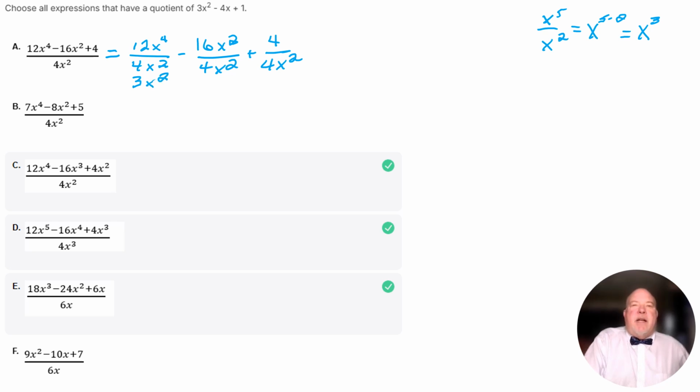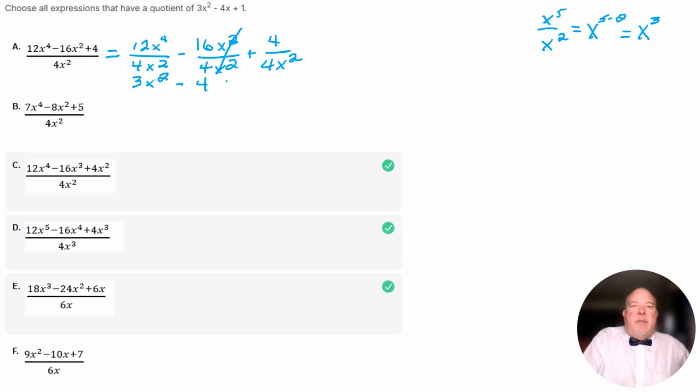And so far that matches up with what we're looking for. And then minus 16 divided by 4 is 4. And then x to the second divided by x to the second. 2 minus 2 is 0. And anything to the 0th power is just 1. And so these just disappear.